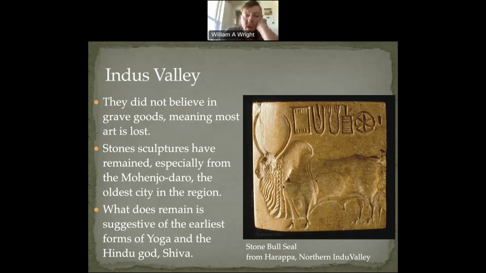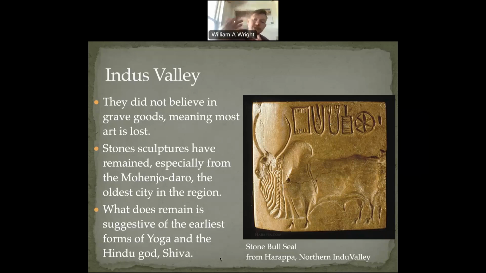But you see the bull symbol, obviously some sort of animal veneration, as well as, I think it's worth noting, some form of written pictography or written language, almost early forms of it. You can't help but wonder when you see those small symbols in a row here, which gives an indication of a potential writing system.